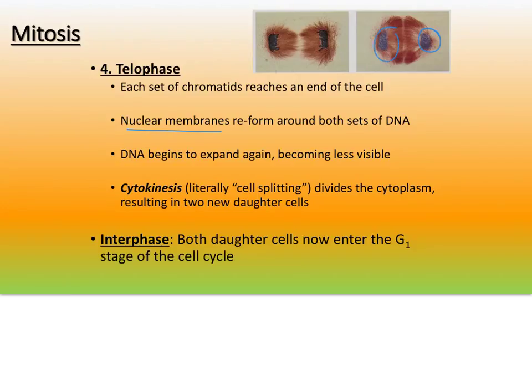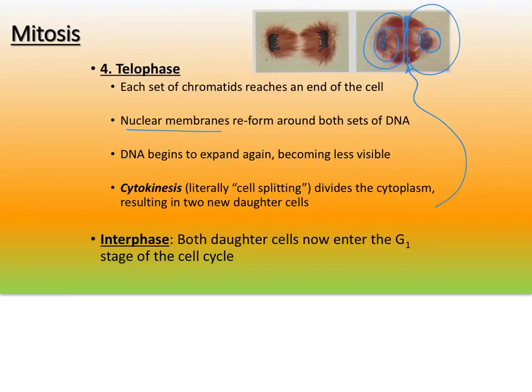The DNA starts to expand and become less visible, grainy, and just a little tangled string. That is then followed by cytokinesis, cell splitting, where the cytoplasm will divide into 2, and we'll end up with 2 separate daughter cells.